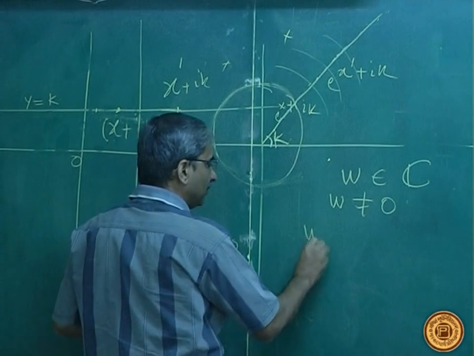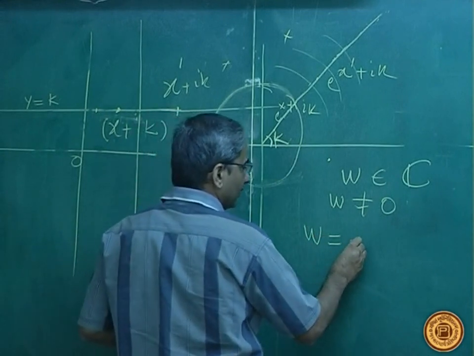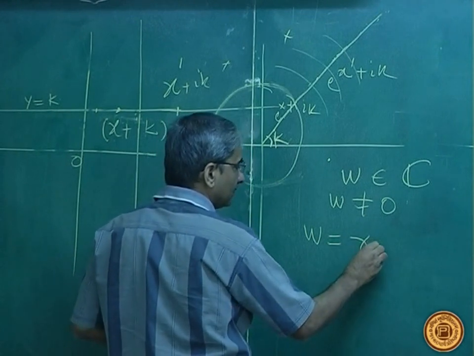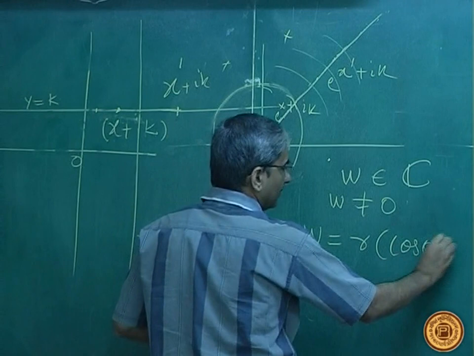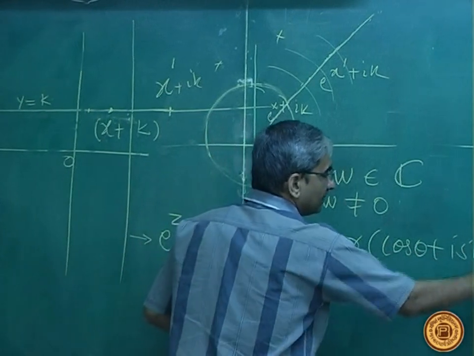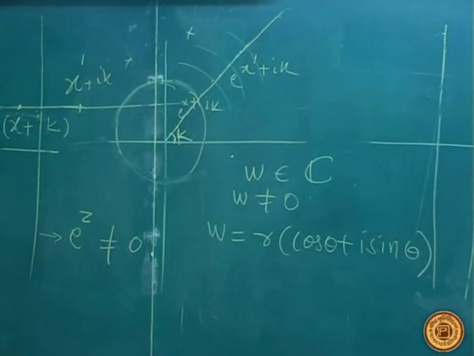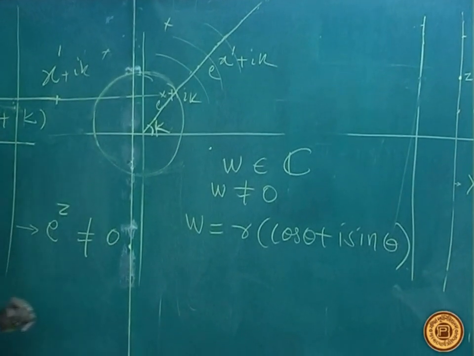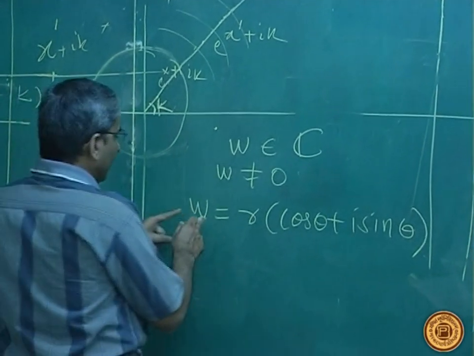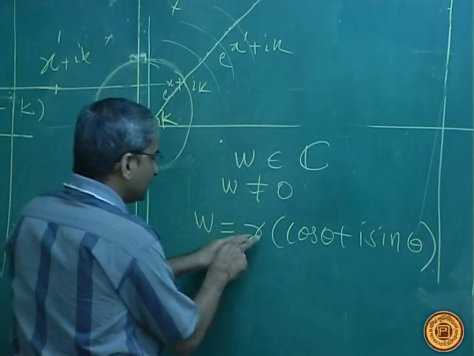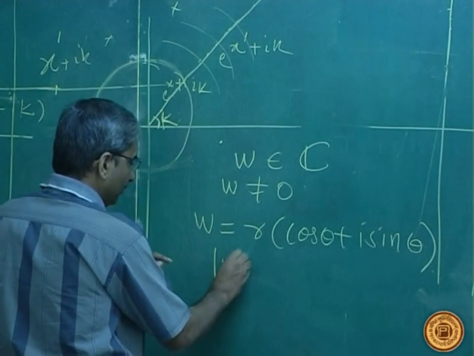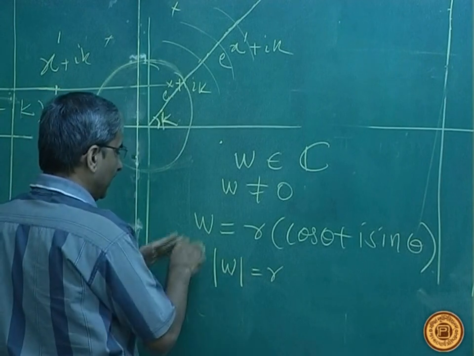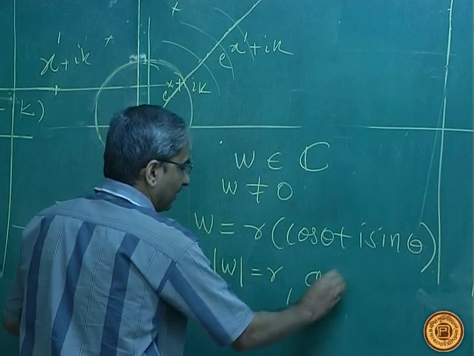then I may write w in the polar form, that is, say suppose r into cos theta plus i sin theta. Then I know that w has modulus r, mod w is r, and one of the values of the arguments is theta.